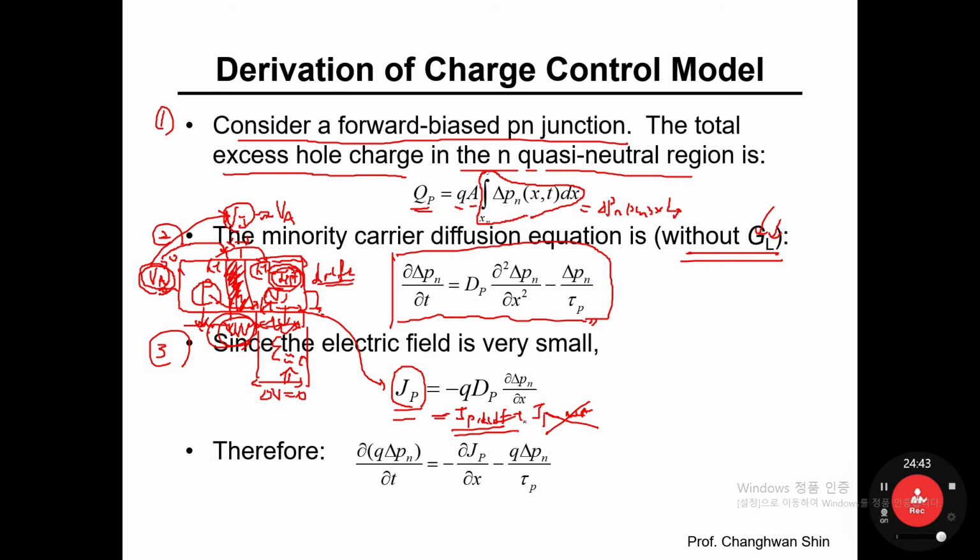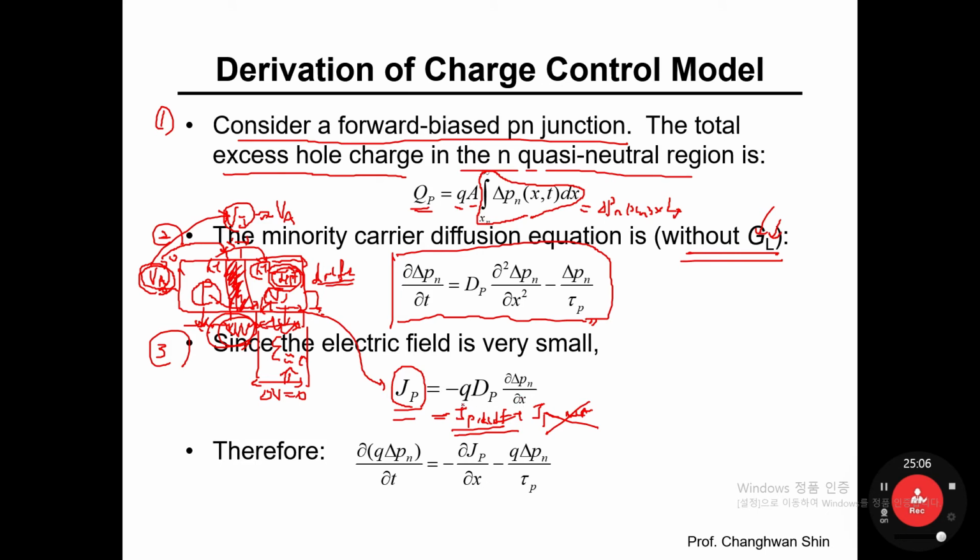Previously we learned how to write down the equation for diffusion current. If you have missed how to describe the diffusion current density of holes, please go back to the previous slides and refresh your memory.